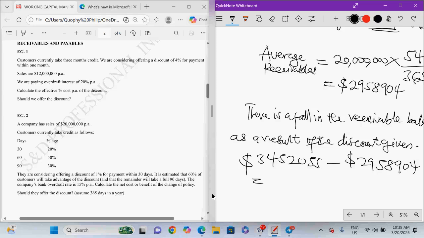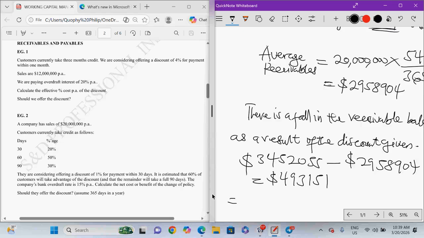What is the difference? $493,151. So this is the savings, right? The savings that we are getting as a result of introducing the discount.